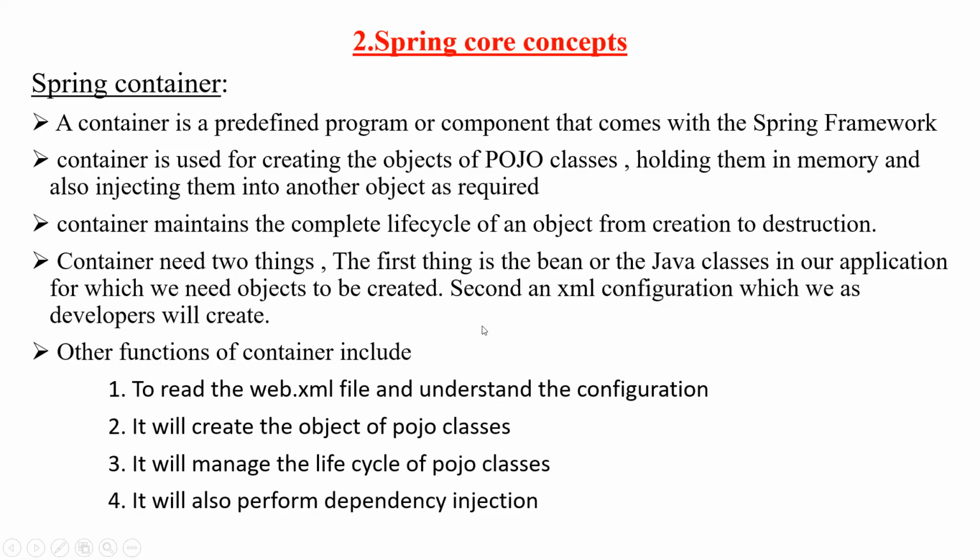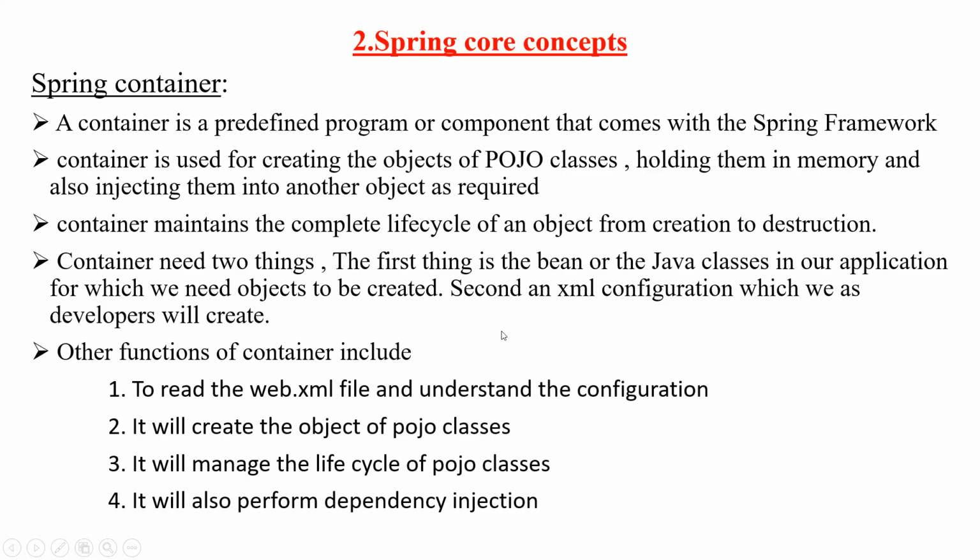The container will read that XML configuration and understand it. After reading it, the container will come to know for which class it needs to create an object, what type of dependency injection it must perform, and what variables and methods it should inject into the class.